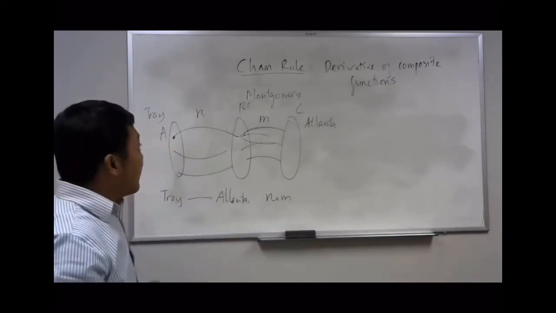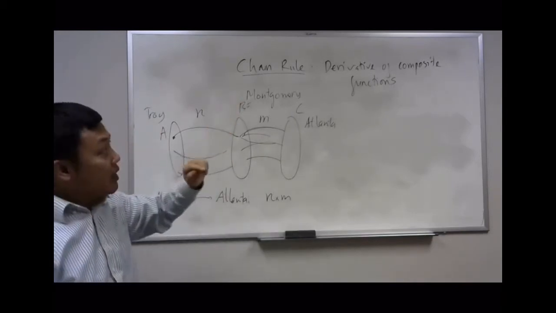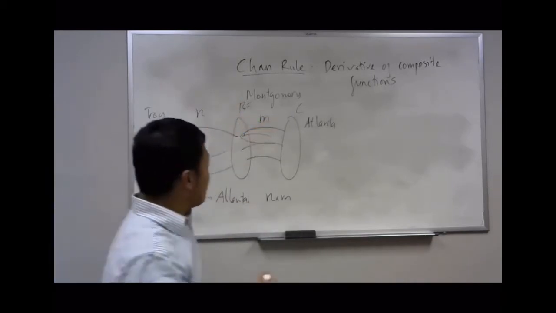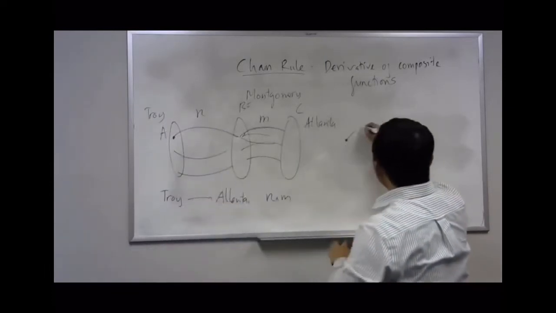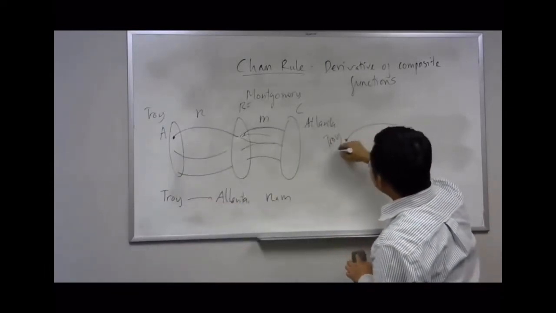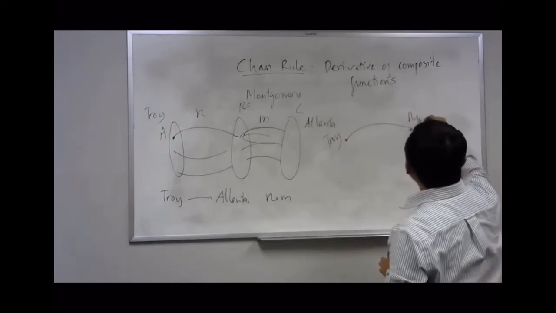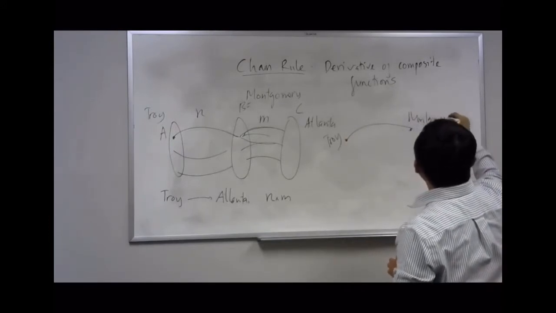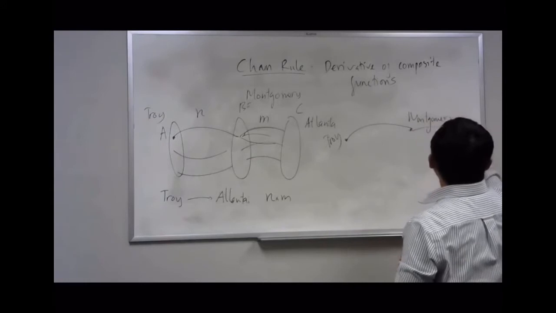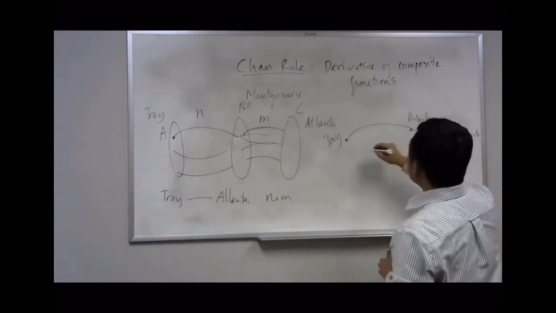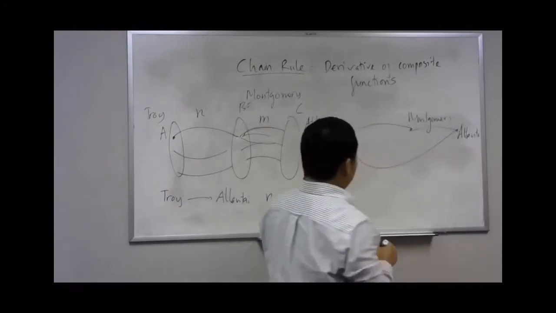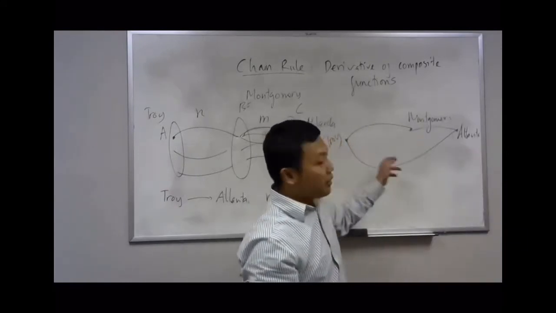Okay? Now let's go back to the chain rule. Let's go back to the composite function. So let's say I have this, that is Troy, that is Montgomery, and that is Atlanta again. This is the whole way from Troy to Atlanta, right?